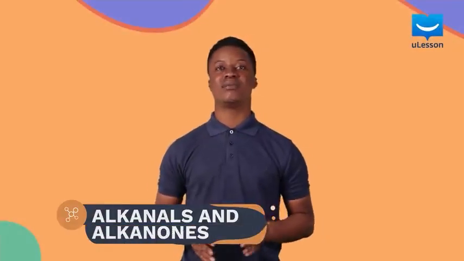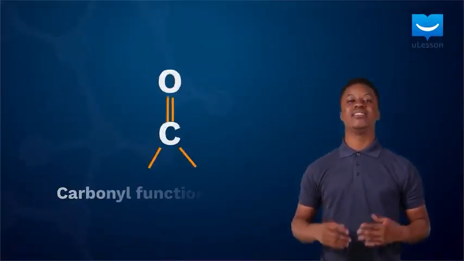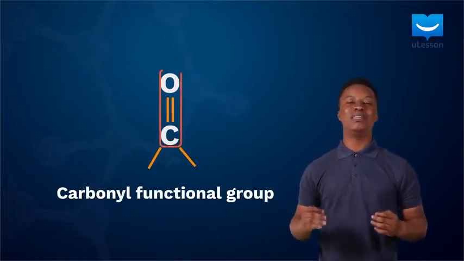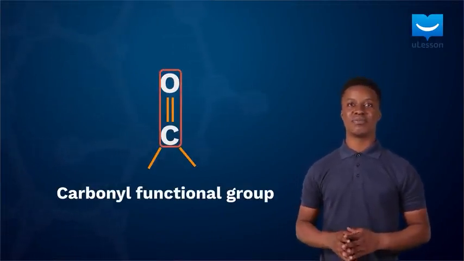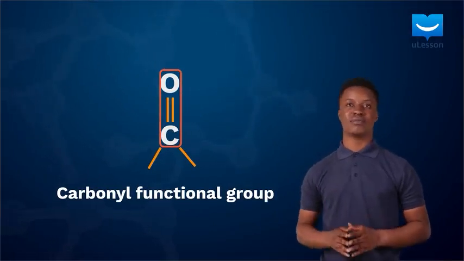So hi guys, in this lesson you will learn about alkanals and alkanones, two families of organic compounds with the carbonyl functional group. The carbonyl functional group is composed of a carbon atom doubly bonded to an oxygen atom. That is, a carbon to oxygen double bond.